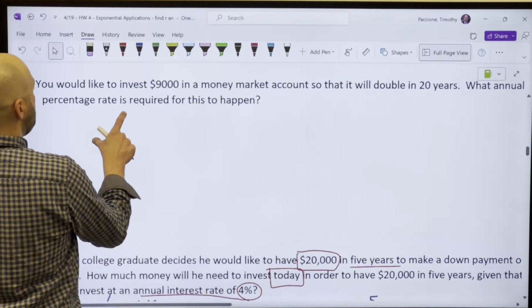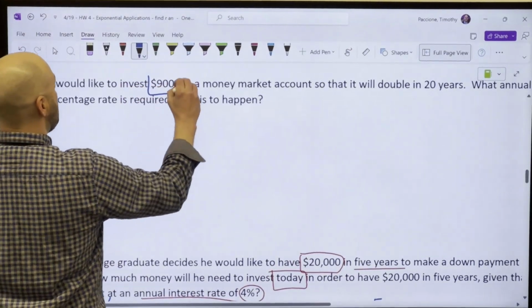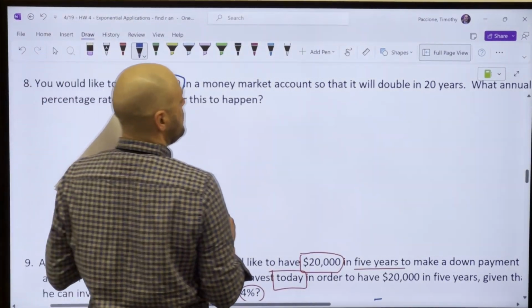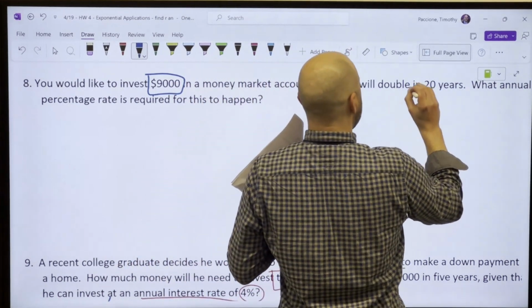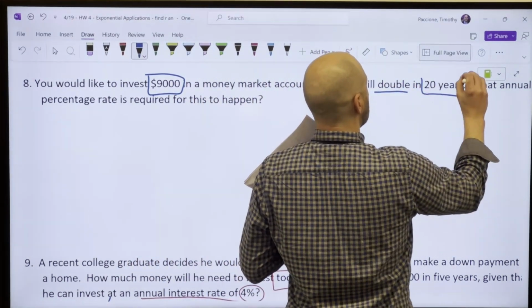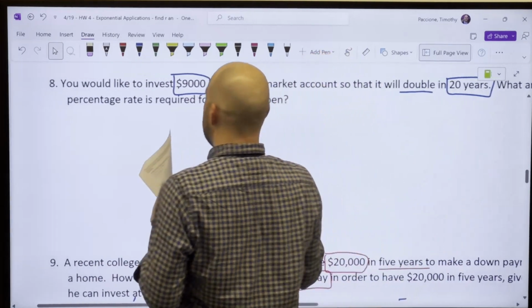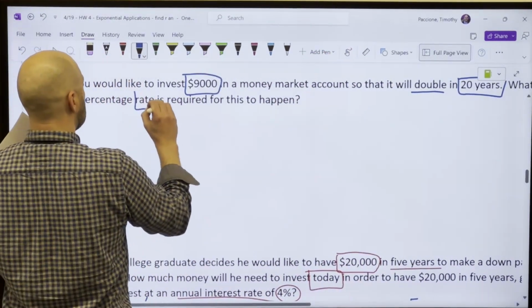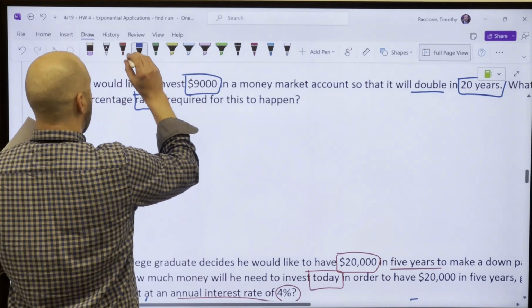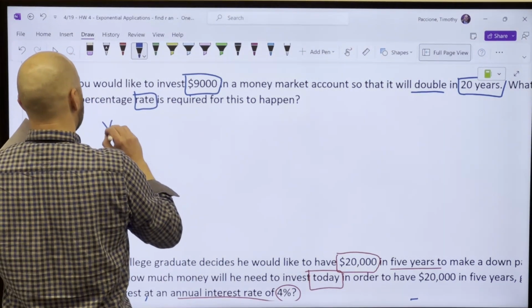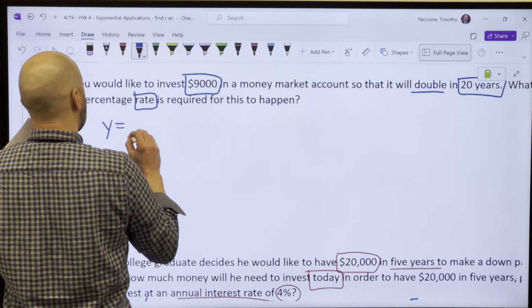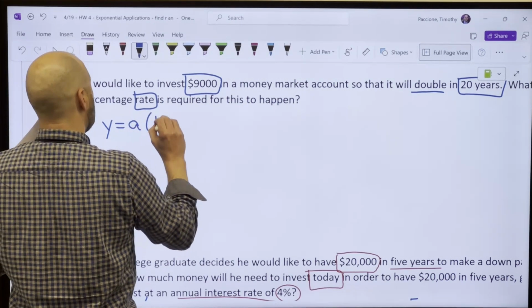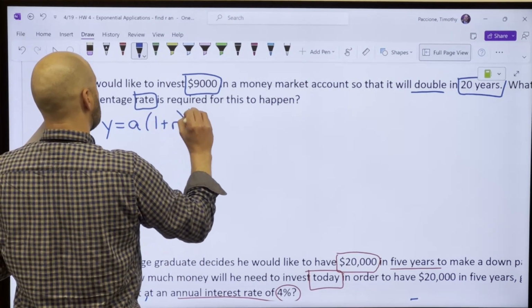You would like to invest $9,000 in a money market account, and you want it to double in 20 years. What annual percentage rate is required? Okay, well, if it's doubling, is it going up? So it's y equals a times 1 plus r to the x.